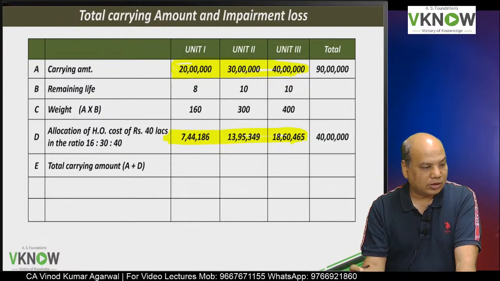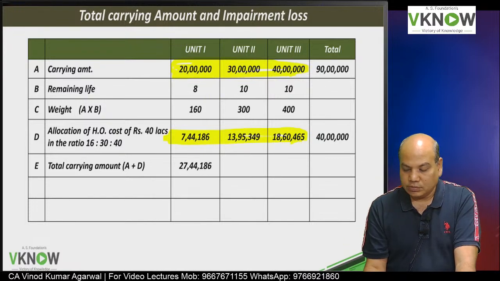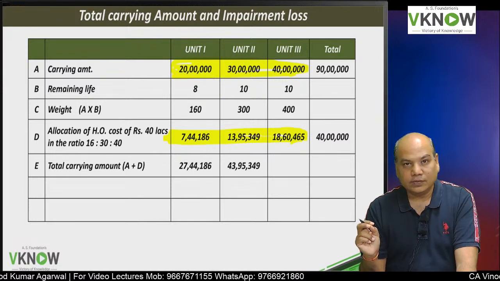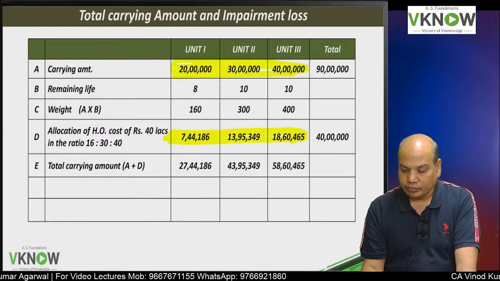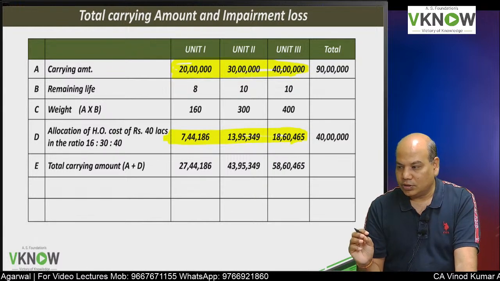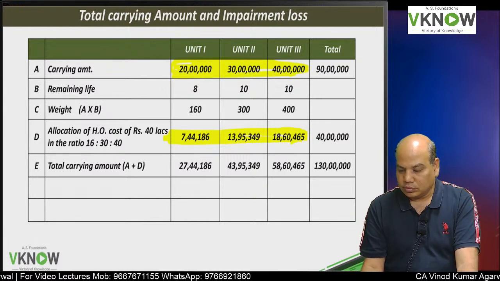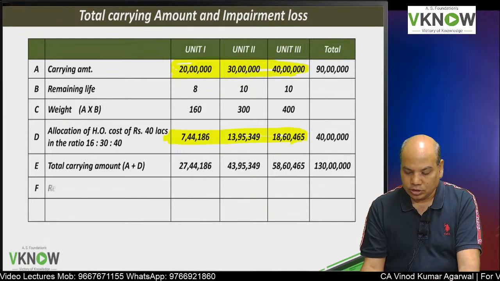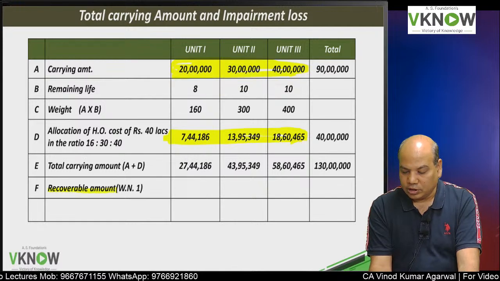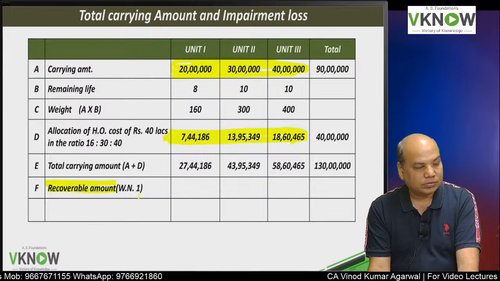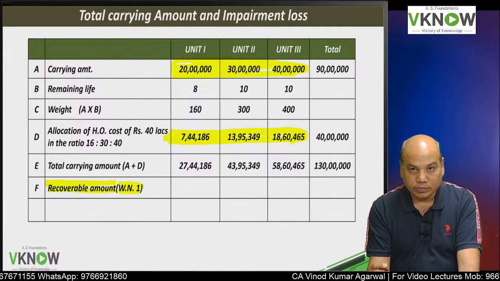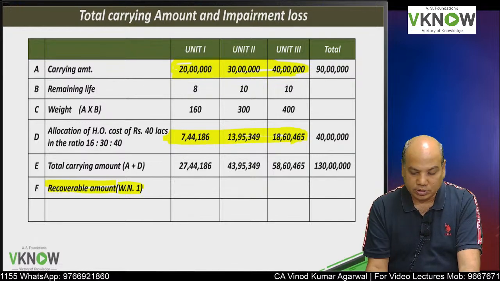You can do without calculator also. 27,44,186, 43,95,349, 58,60,465, 1 crore 30 lakh. Recoverable amount we have already computed in the working note 1. Just refer the previous table.